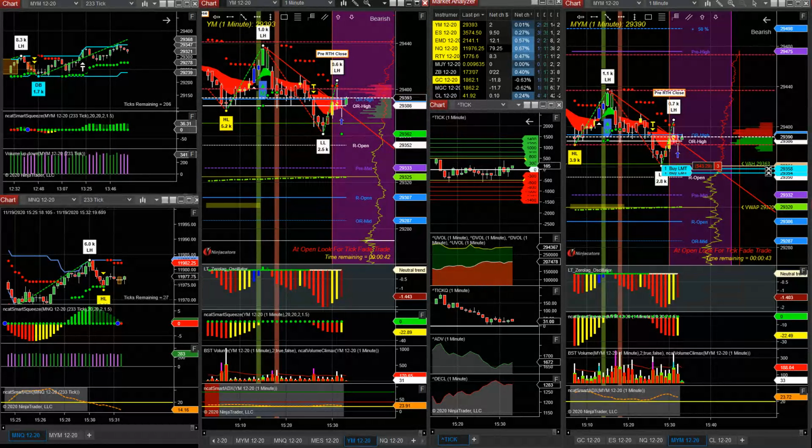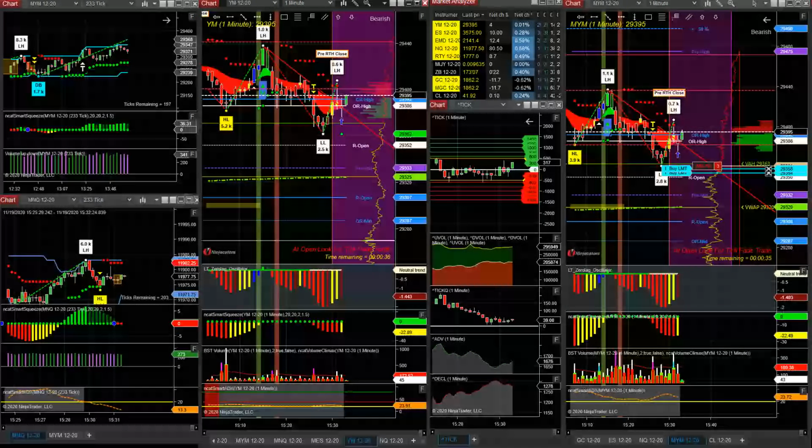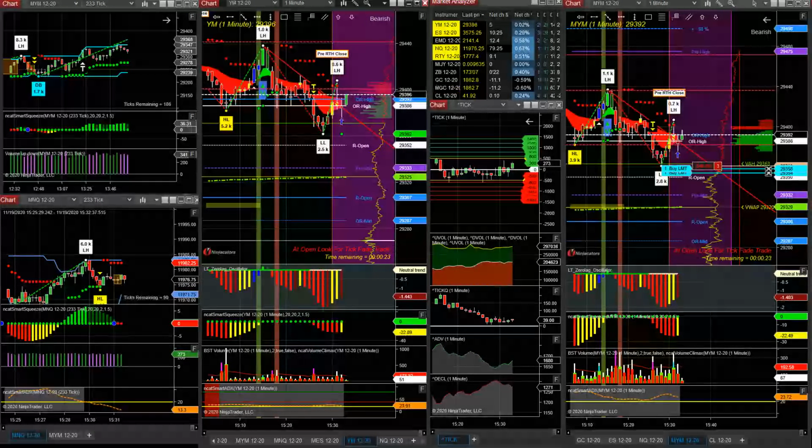Okay, now we're coming into the last half hour of trading. All right, these colors painted on my chart are the 3:30 to 3:45 time frame. So I like to see the price action happen between these hours, so I color code it.